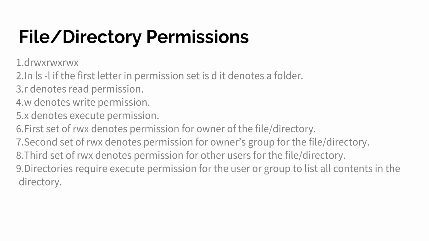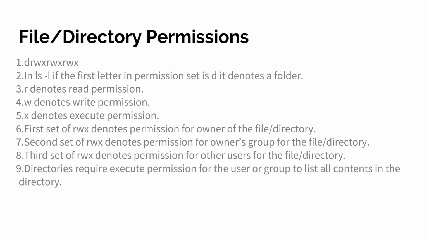The second set is for the group the owner belongs to. You can assign a file to a group, and that group's permissions define what the set of users in that group can do with this file. The third set denotes permissions for anyone else using the computer, you can assume.